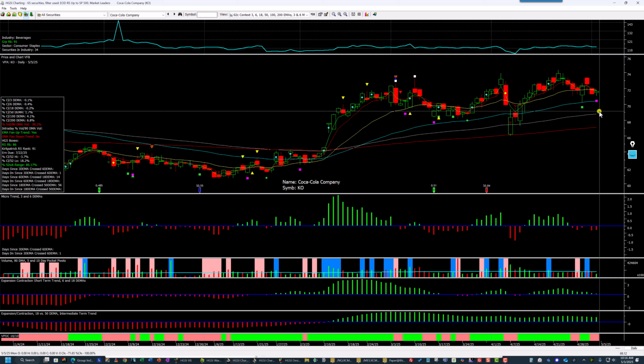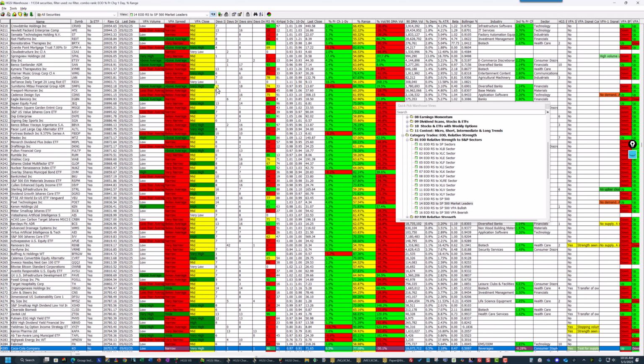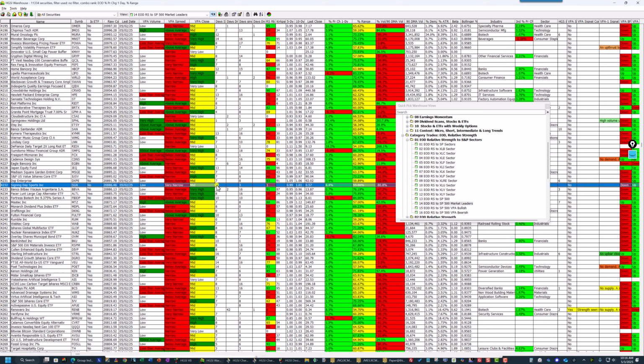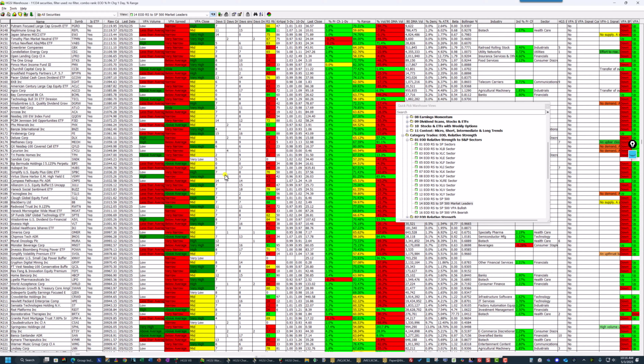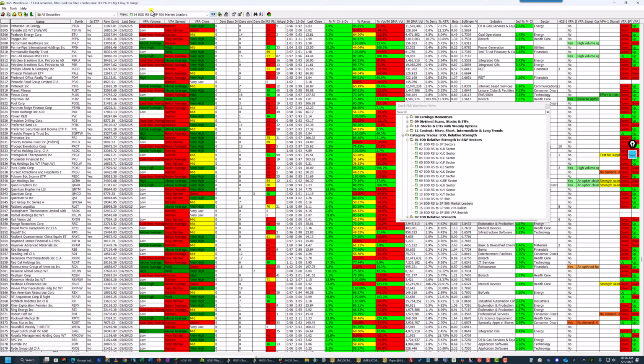But I put a lot of emphasis on the days since the crossover because you can see when the groups or the stocks are starting to move within the group. And let's look for that. I need to reapply the filter here. There we go. Let's look for that crossover.